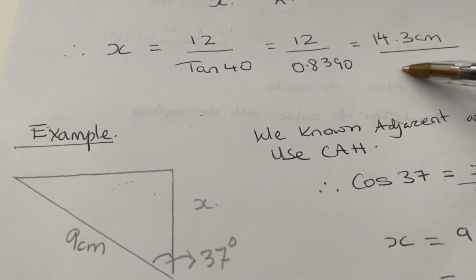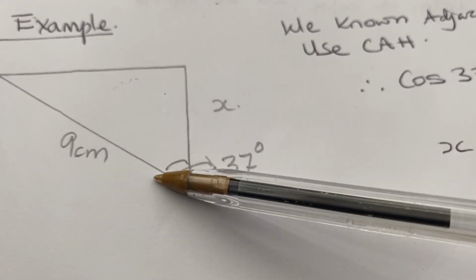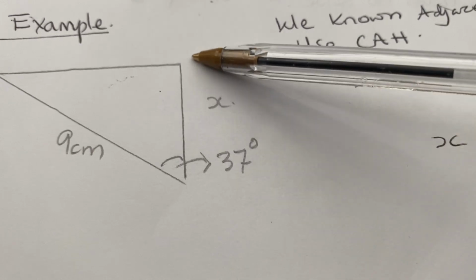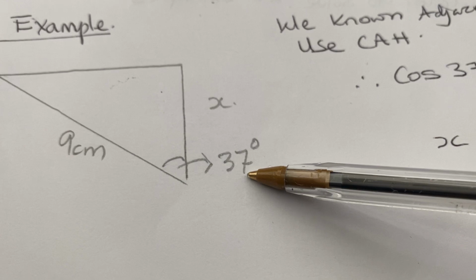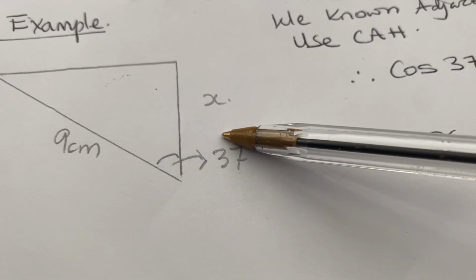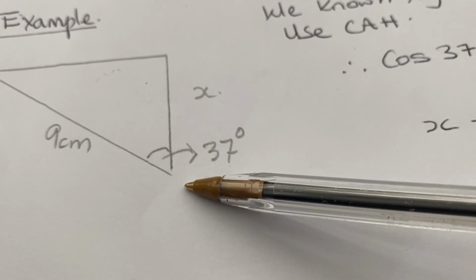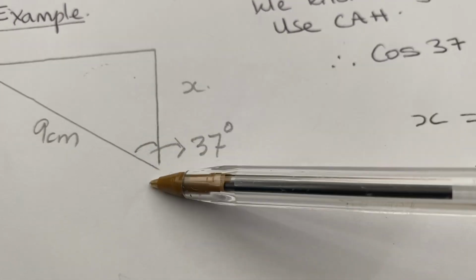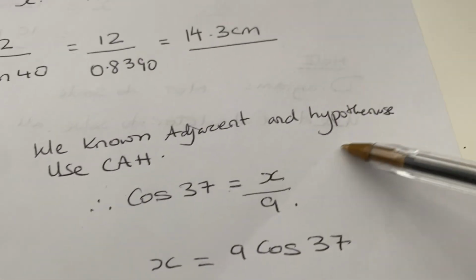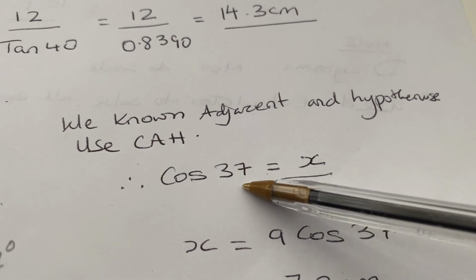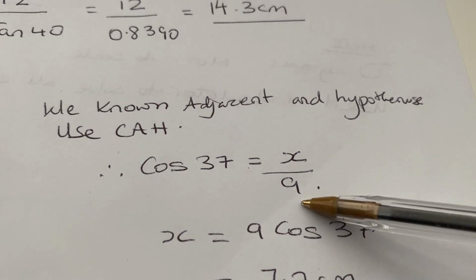Another example. I know the angle. I have the adjacent. I know the hypotenuse. So I'm going to use cos. So the cosine of 37 will be the adjacent x divided by 9. So cos of 37 will be equal to x over 9.